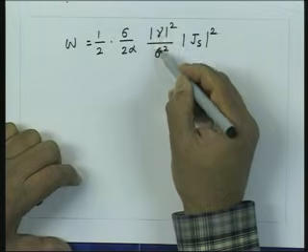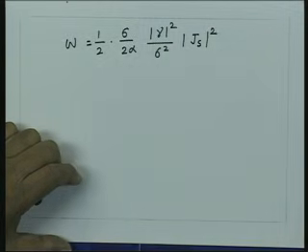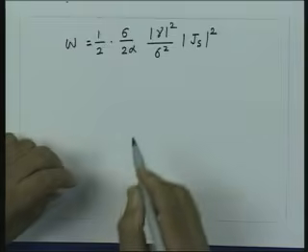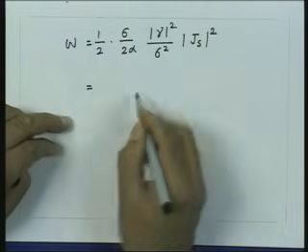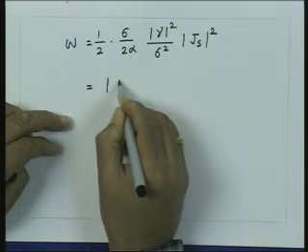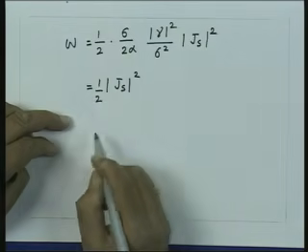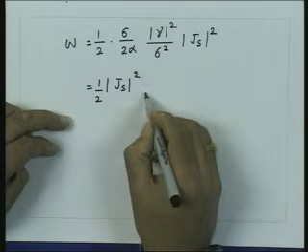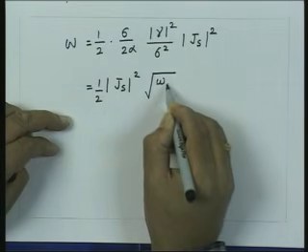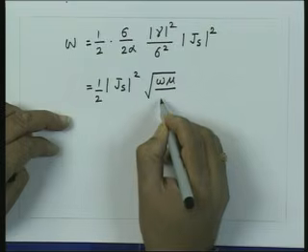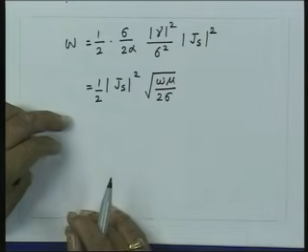And if I substitute for gamma appropriately as we did in terms of the intrinsic impedance, this can also be written now as mod Js square, half, multiplied by the quantity omega mu divided by 2 sigma.